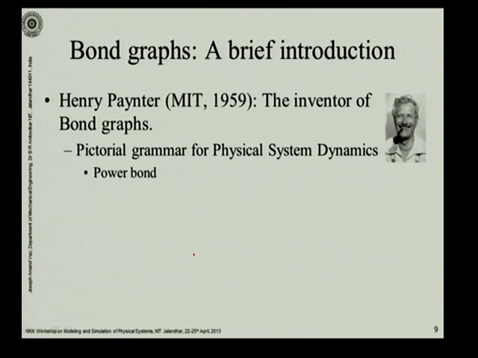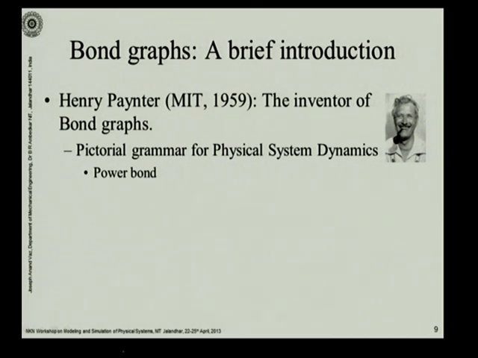The important contribution of Professor Painter in this is the development of the representation of the power bond. Now the power bond is just an arrow. You saw that it's a half arrow, and it's actually different from a full arrow, a signal arrow. A signal arrow carries information of just one variable.